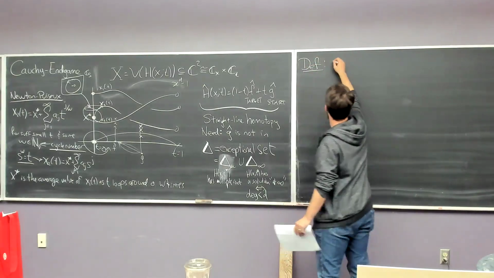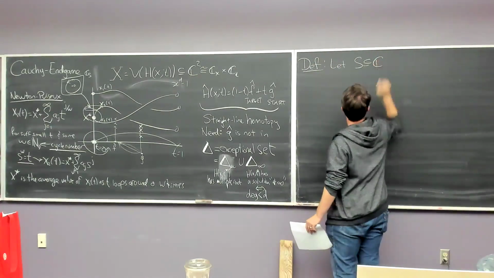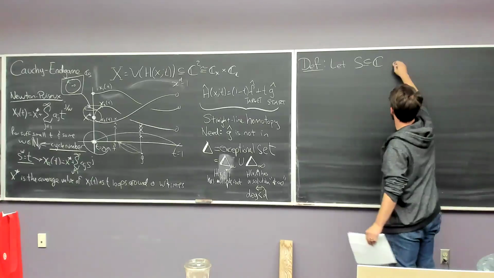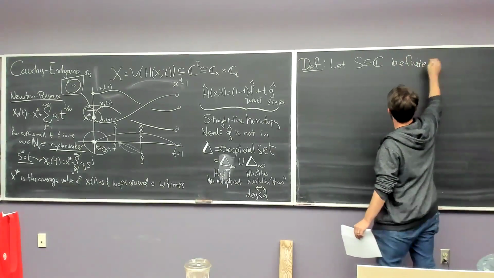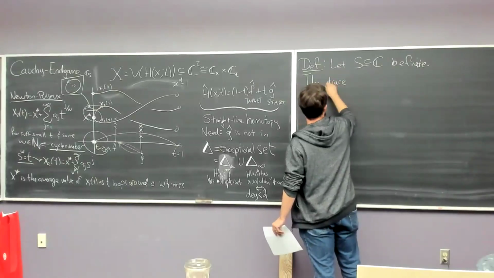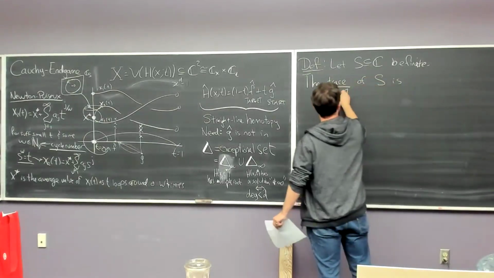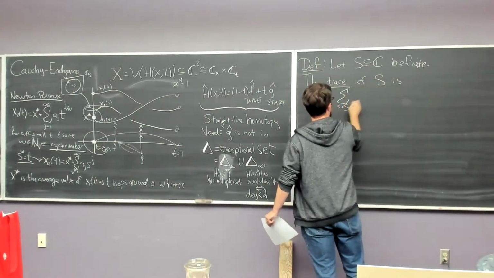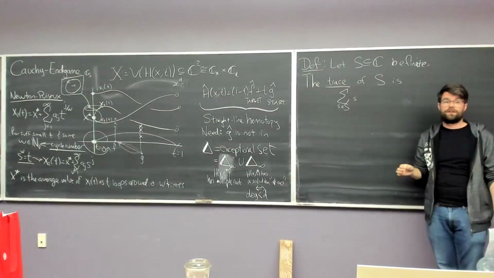So if you have a finite set, define its trace as just the sum of all the elements in that finite set.